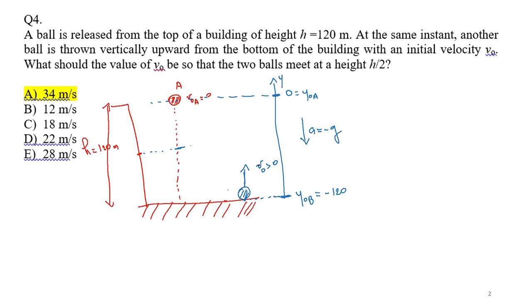And the middle is 60, right? Will be minus 60. Minus 60, yeah. Excellent. Don't forget about the minus. So at h/2, here in the middle, you will have y middle equal to minus h divided by 2, which is minus 60.